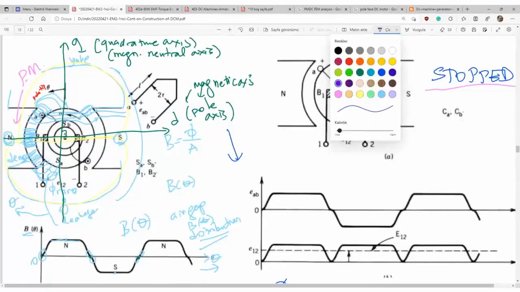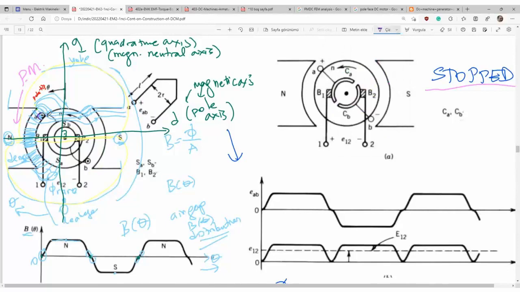I install a conductor here, and then I move the conductor. I'm applying the left hand three-finger rule. The magnetic flux, and then the current will be entering.